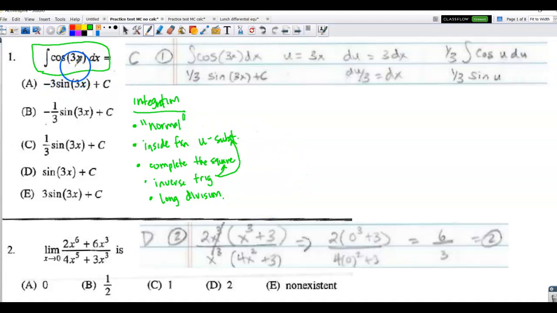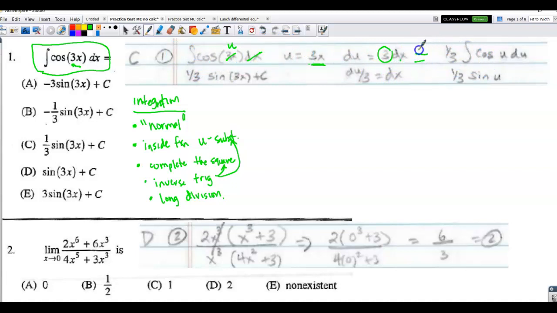But in this case, we have an inside function of 3x, so we're going to let u equal the inside. We're going to take the derivative of both sides, and I do not need that coefficient of 3, so I'm going to divide by 3 on both sides. I'm going to substitute u in place of 3x, and in place of dx, I'm going to substitute a 1/3 in the front and a du in the back.